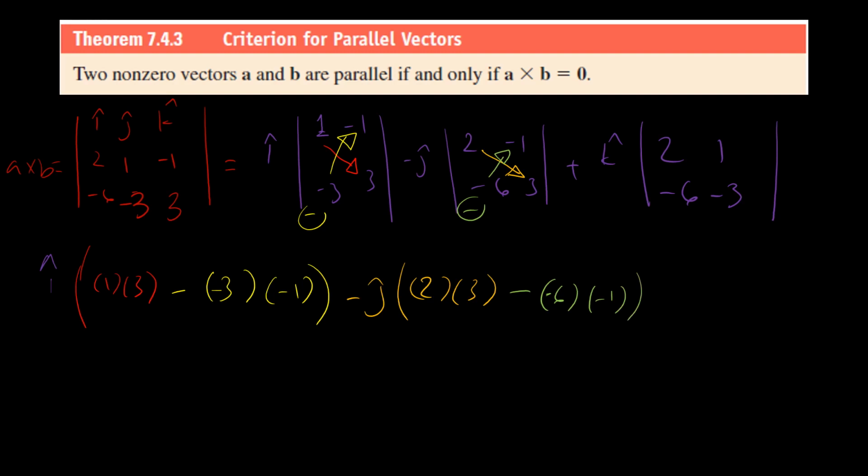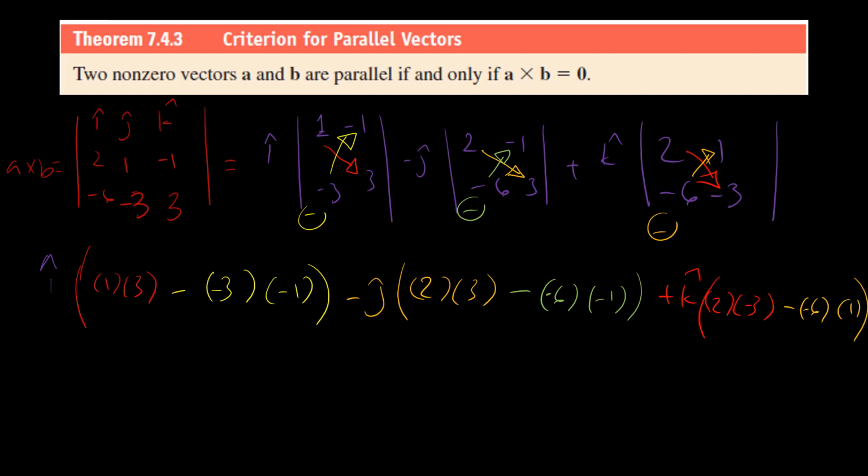And now moving on to k hat: plus k hat times 2 times -3, and -6 times 1. So let's solve it.